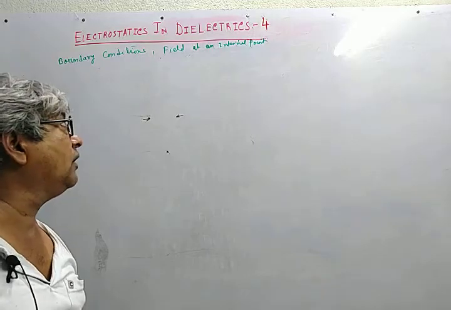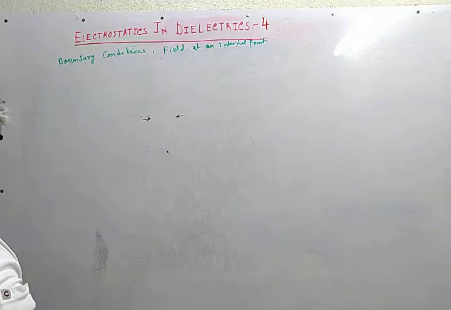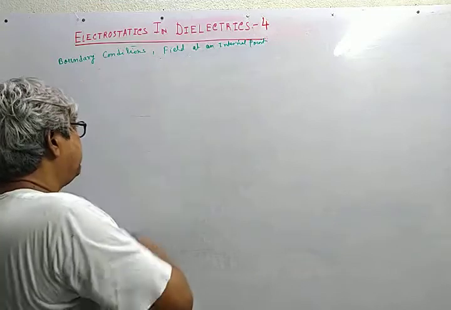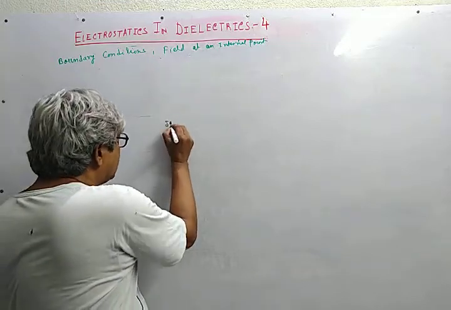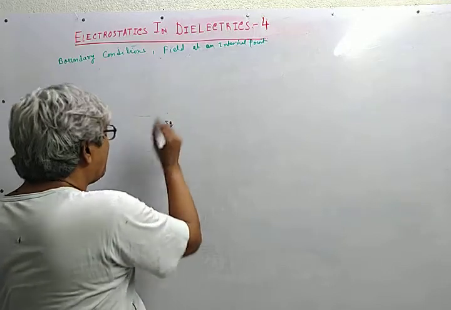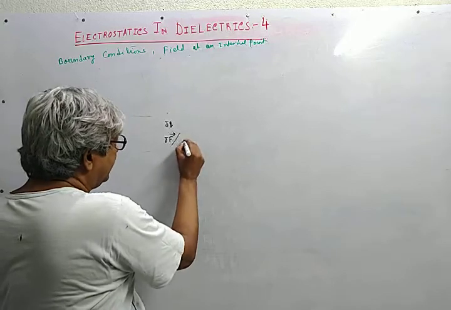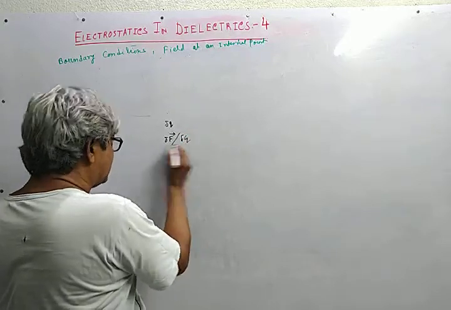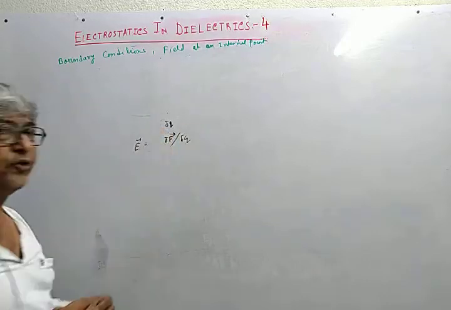Now, how to find the field experimentally? We place a small point charge delta Q at the point, and find the force acting on it. In the limit, delta F by delta Q with Q tending to 0 is the electrostatic field within the material.